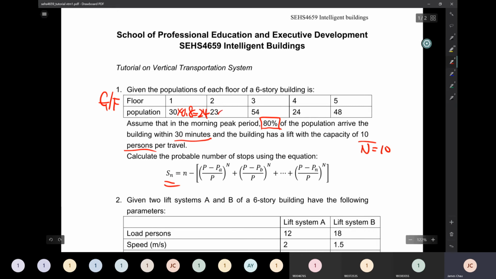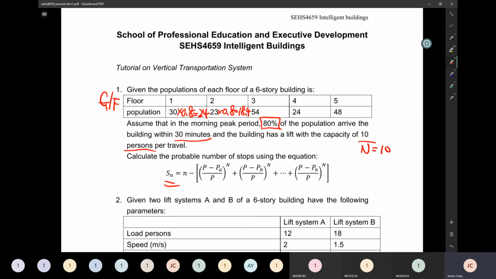Similarly, for the second floor, you multiply by 0.8, so you have the population equal to 18.4. But you may say that we cannot have 0.4 of a person.